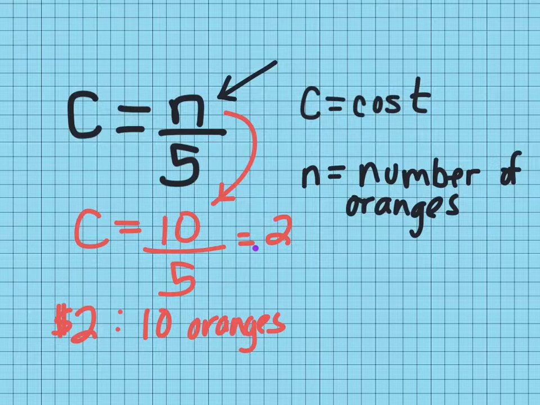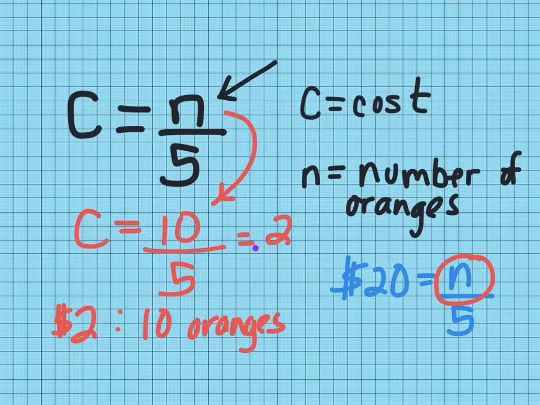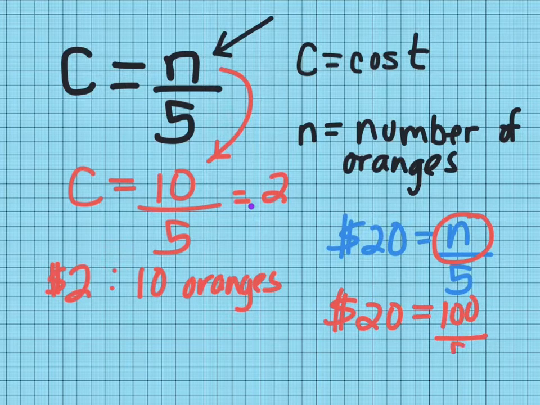Take that same idea, and let's say that I have $20. How many oranges could I get with $20? If I have $20, what number can I divide by 5 to give me $20? Then N would be 100, because $20 is the same as 100 divided by 5. 100 divided by 5 is 20.